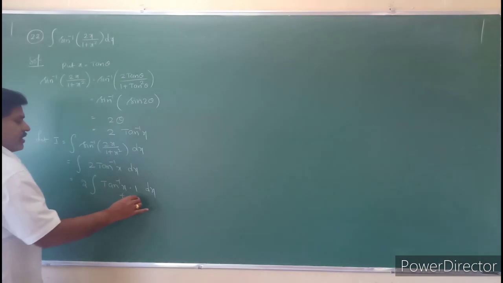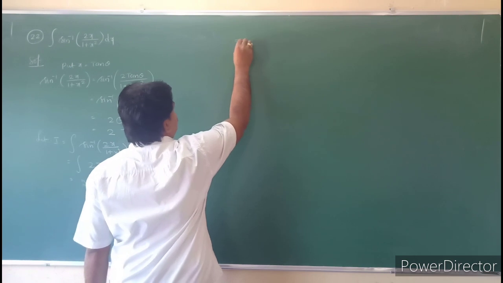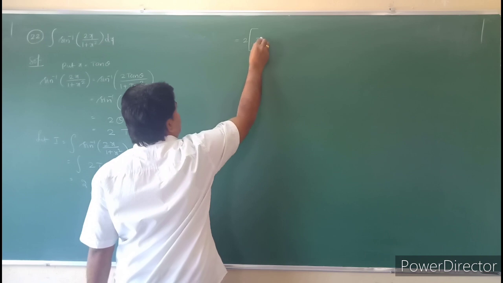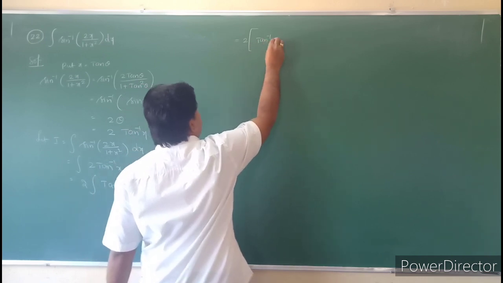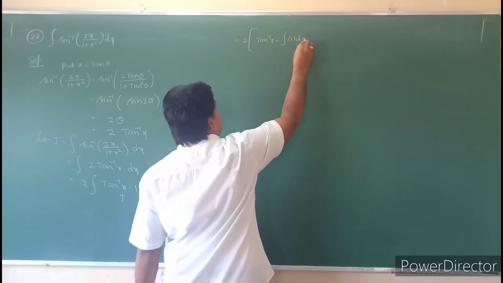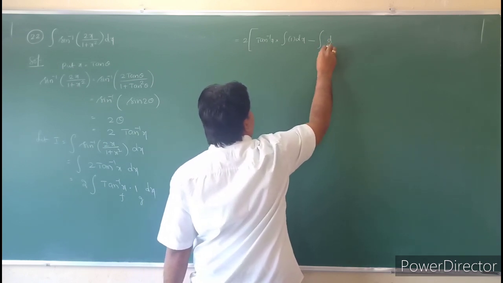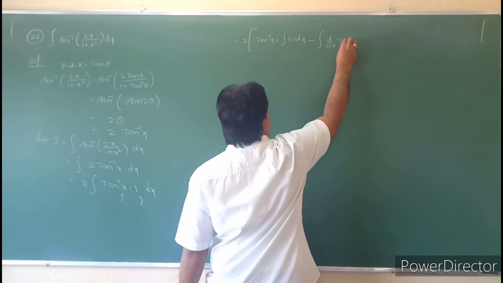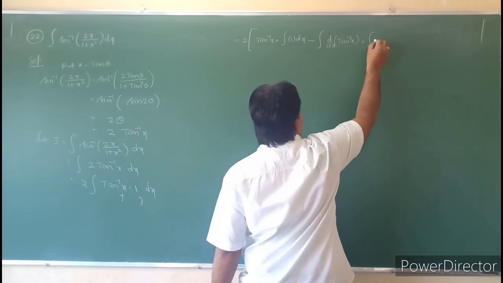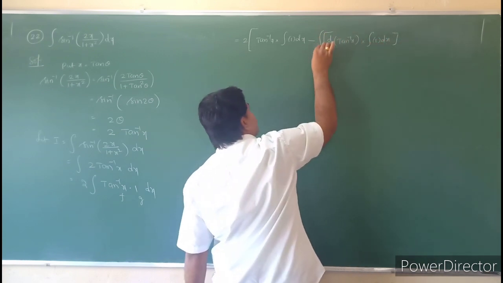If it is f and g, apply the formula. That is equal to 2 into first function, tan inverse x, into integral of second function, integral of 1 into dx, minus integral of derivative of first function into integral of second function into dx.